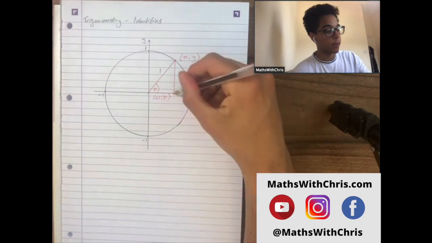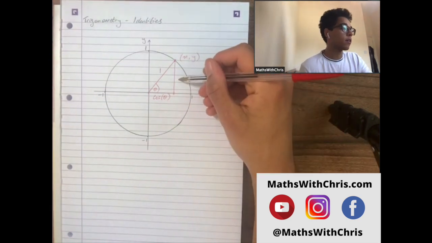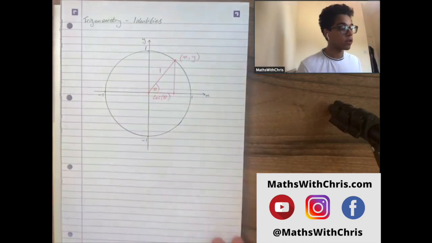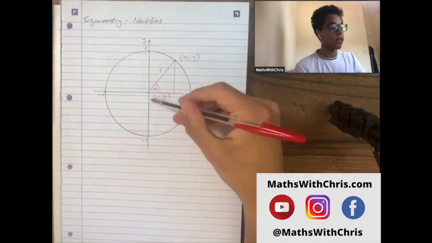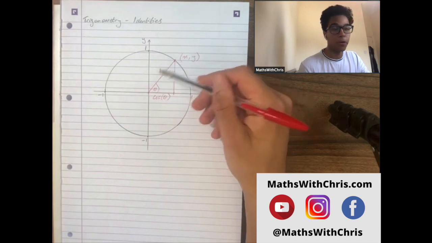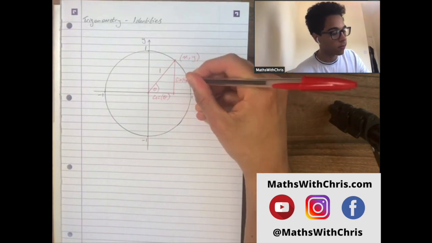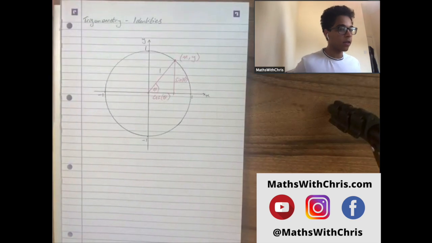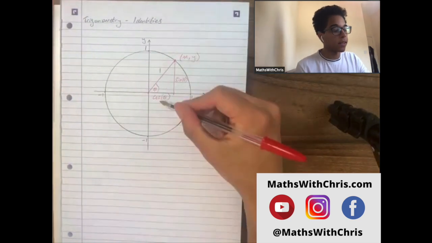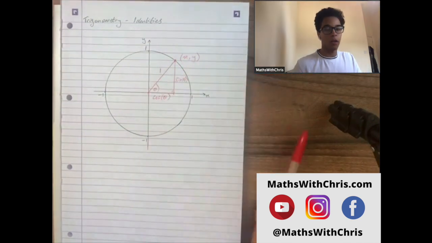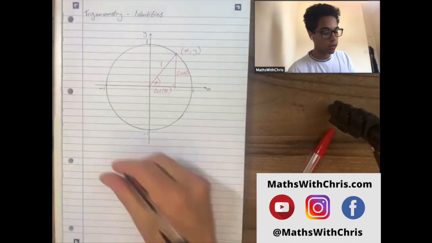And this length here is the opposite, and we've got the hypotenuse. Using our definition, opposite is sine theta times the hypotenuse, but the hypotenuse is just 1, so this is just sine theta. This gives us a way of relating sine and cos, because we've got a right angle triangle and we can use Pythagoras.